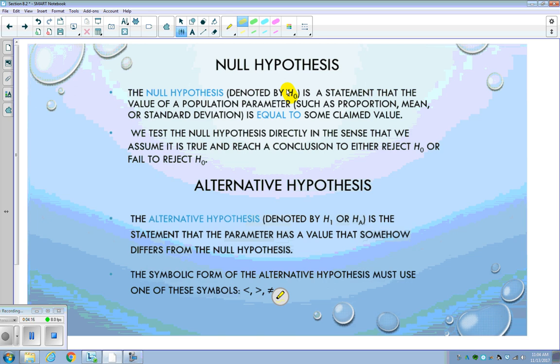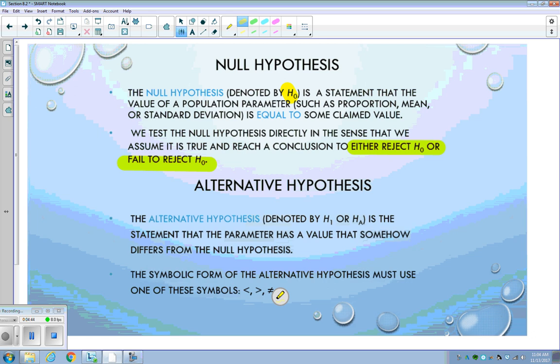All we're doing is that we're either going to reject it or fail to reject it. In our situation, where we came up to 1/2 to the 5th, or 0.03125, it was so unusual, we could reject our null hypothesis, because the null hypothesis says it was 50-50. We tested it, it wasn't.